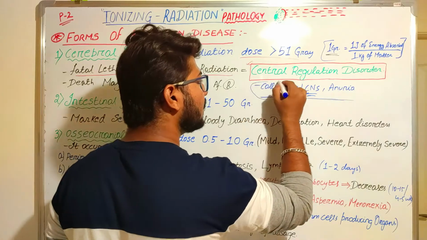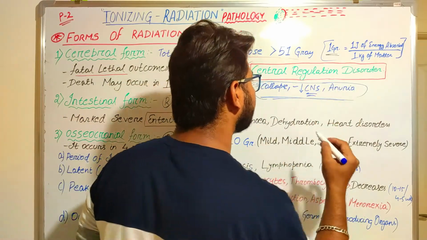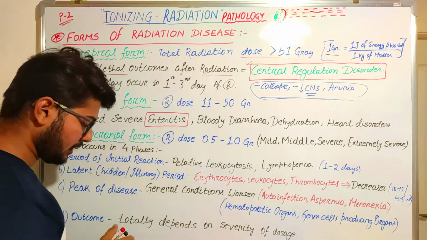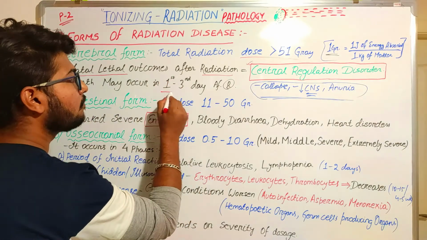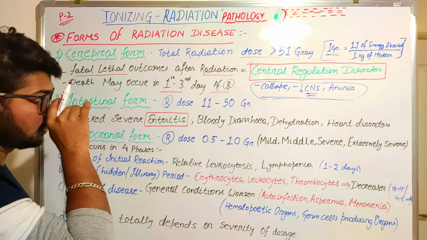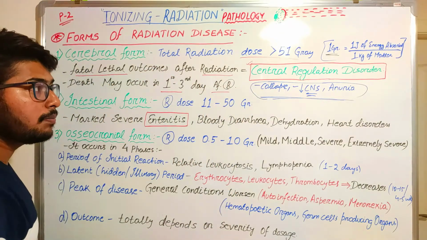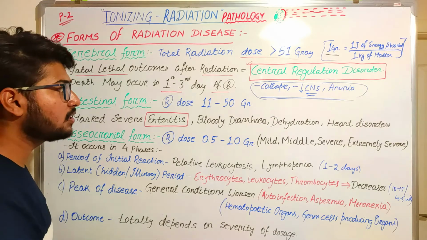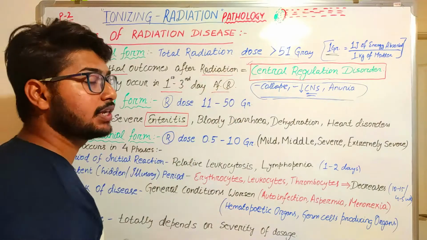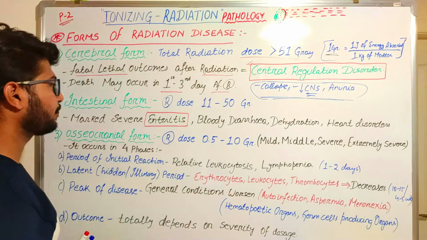These are the symptoms that relate to the central regulation disorder, and the death is certain in this case. The death occurs in the first to third day after the radiation is given to the patient, or if by chance or accident the person gets exposed to radiation greater than 51 gray.